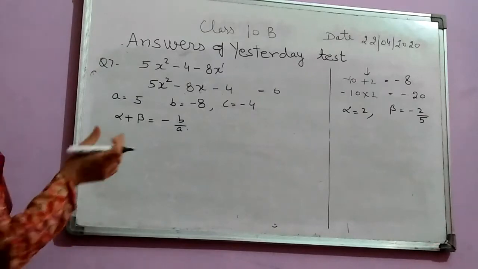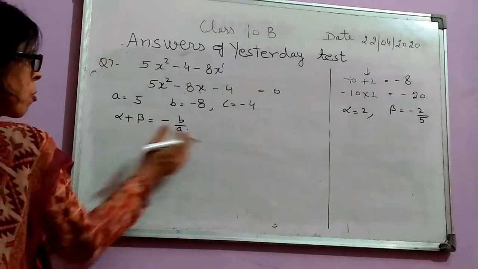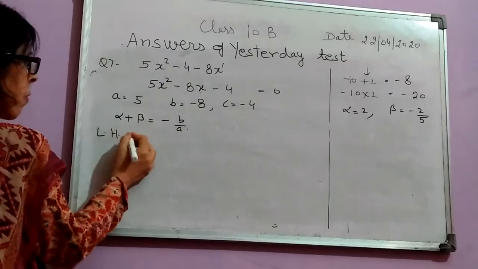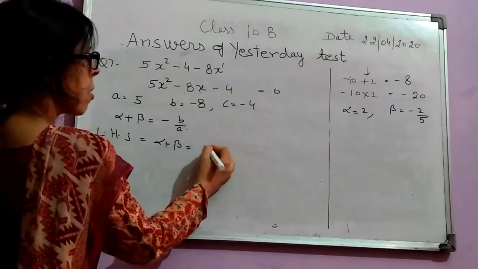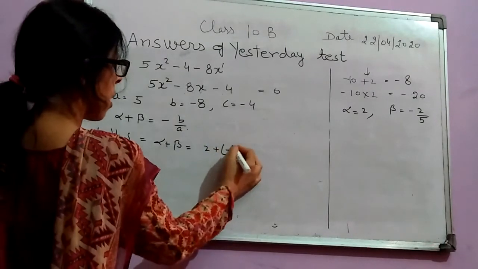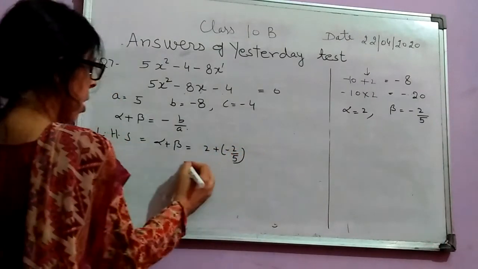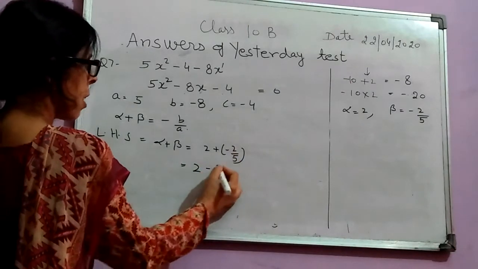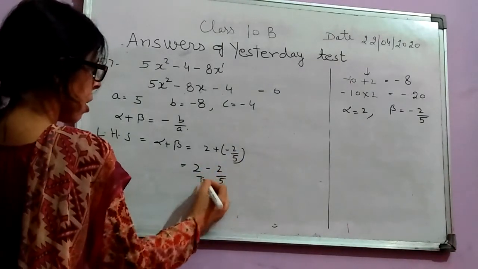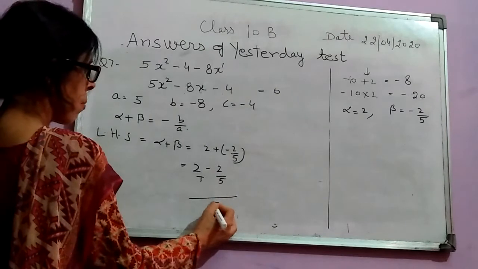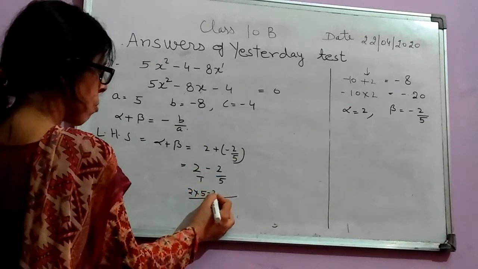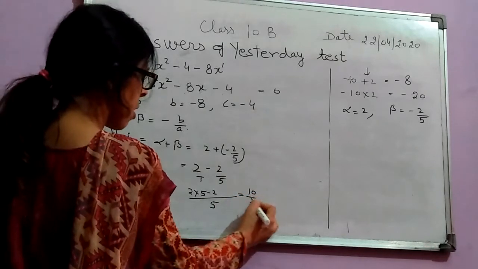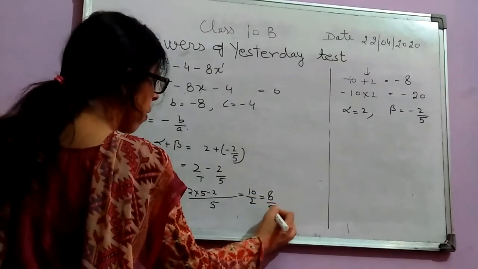Now for verification you have to find the result of both sides. So first I am taking the left hand side, it is alpha plus beta. Alpha means 2, beta means plus, minus 2 upon 5. In calculation you will carry the minus sign. Now find the value. LCM is 5. 2 multiplied by 5 minus 2, it is 10 minus 2, it is 8 upon 5.